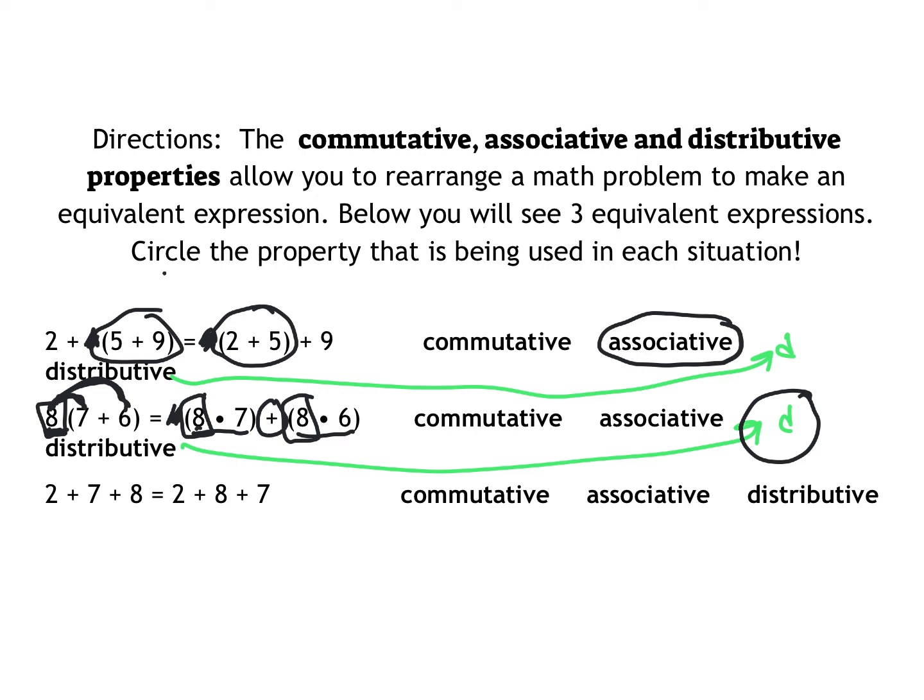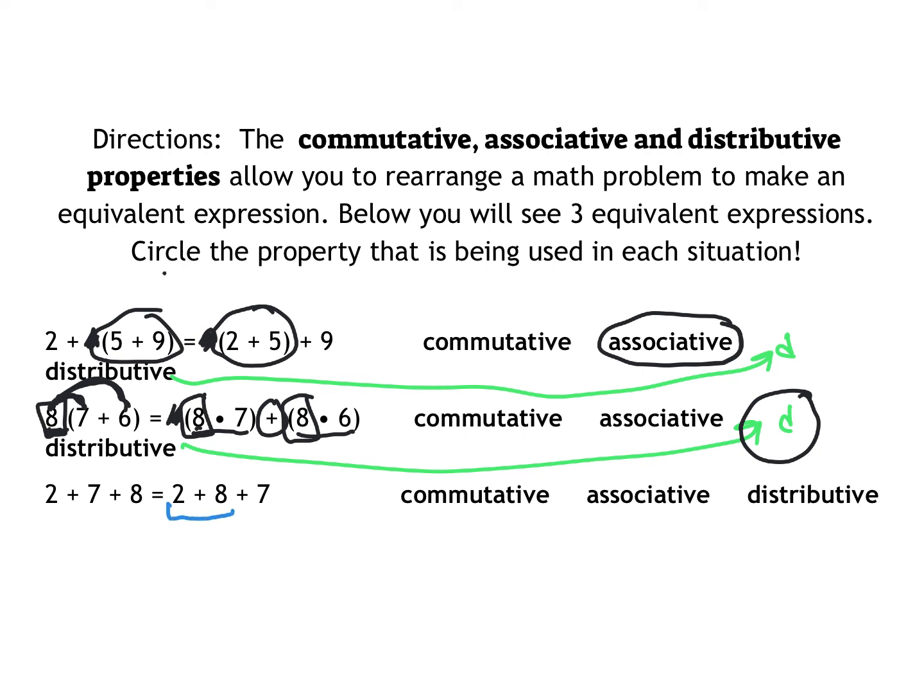And the last property that's shown here is the commutative property. I know it's the commutative property, not just because it's the only one I have encircled, but because I'm noticing that the order of the numbers has changed. So the commutative property says the order that you add things or the order that you multiply things in doesn't matter as long as that's all you're doing. In this problem, 2 plus 7 plus 8, I changed the order to be 2 plus 8 plus 7.